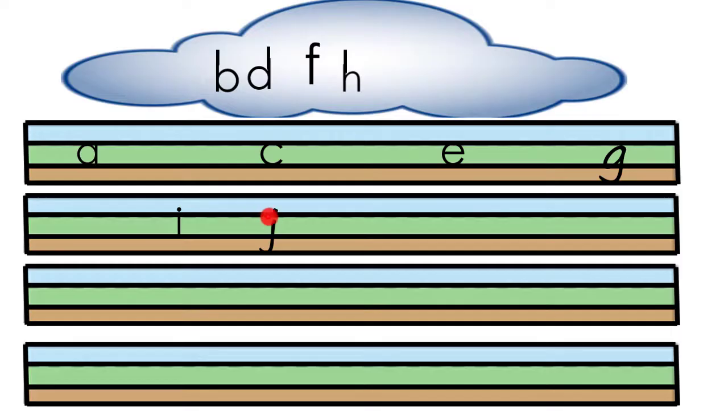J भी sky letter नहीं है. K भी skyline को touch कर रहा है, so this is a sky letter. L भी skyline को touch कर रहा है, so we will put it in the cloud because it's a sky letter.